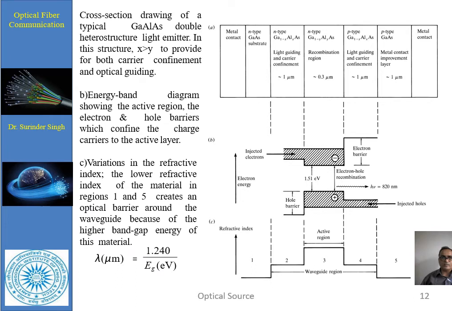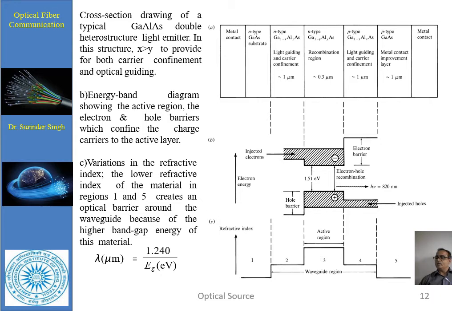Here the structure of the LED is shown, where a gallium aluminum arsenide double heterostructure light emitter is used. In this, the center is the n-type gallium aluminum arsenide recombination region, which is sandwiched between the n-type and p-type gallium aluminum arsenide.